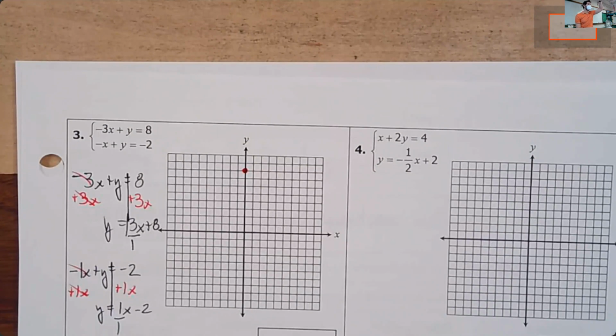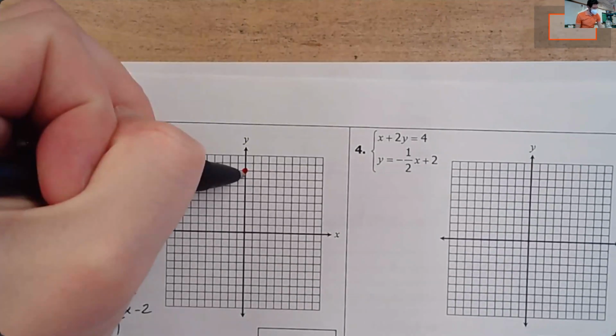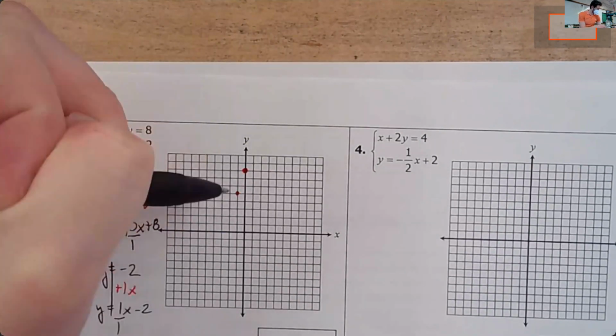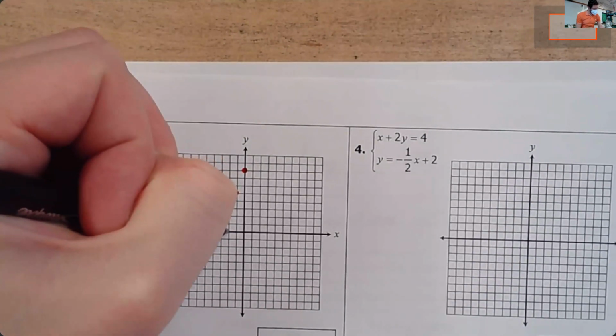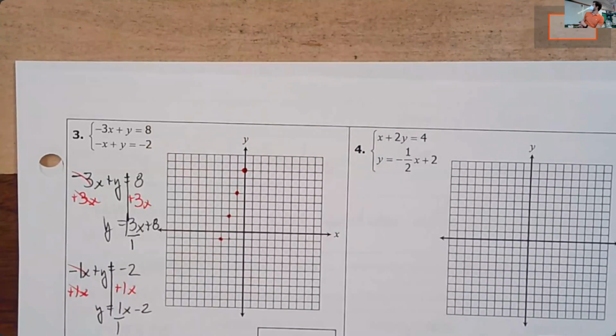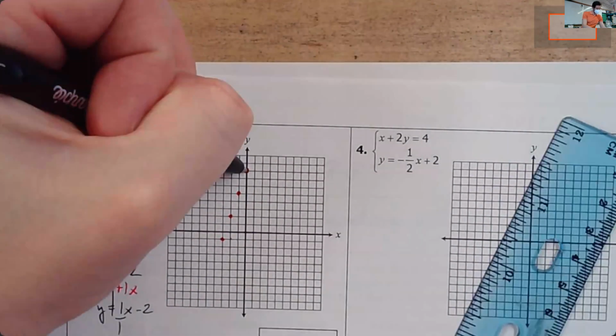So instead of up 3 over 1, we can go down 3 and back 1. We're going to go down 3, 1, 2, 3, back 1. And we can do that a couple more times. 1, 2, 3, 1, 2, 3, 1. Just get those lined up. So there's our y equals 3x plus 8, and then we can line up our points.